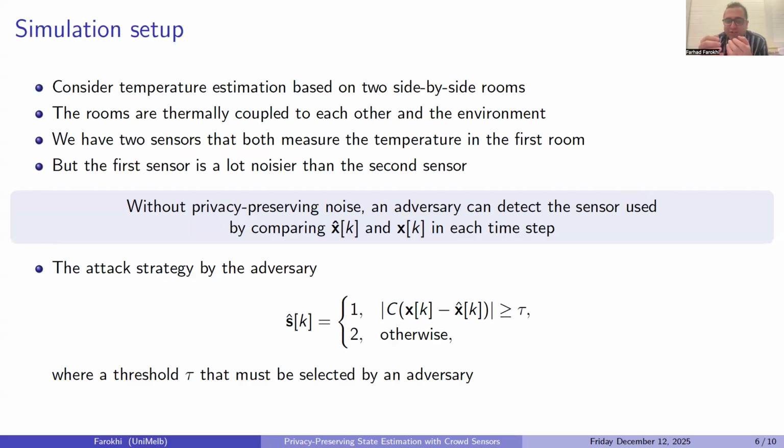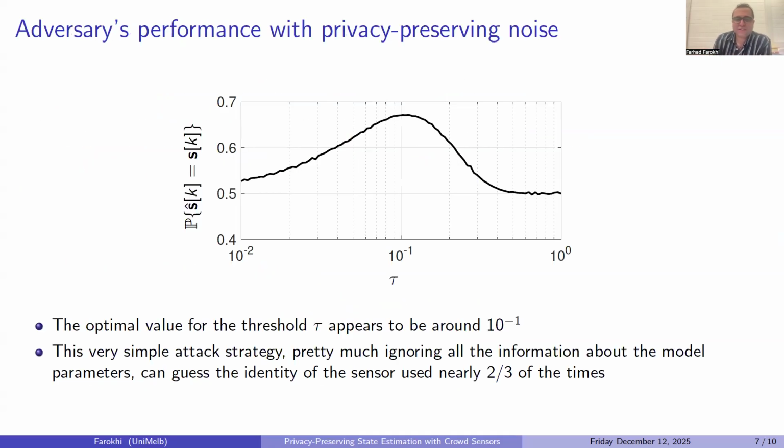So this is a very simple strategy that the adversary can use without even knowing anything about the dynamics of the plant, which is the two rooms, the size of the rooms, the material used for constructing the rooms and so forth. They don't need to know any of this to construct this very rudimentary attack strategy to identify which sensor was used. And interestingly, you can see that this very simplistic policy can give you the correct identity of the sensor nearly two-thirds of the time.